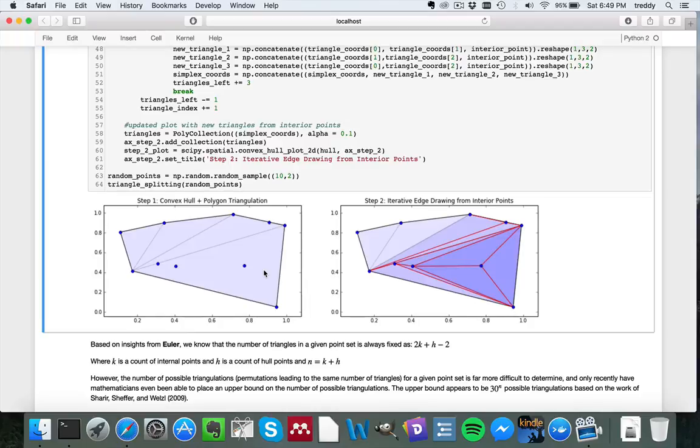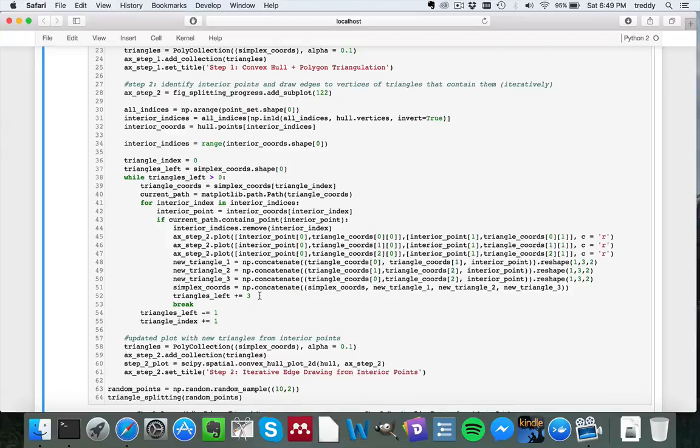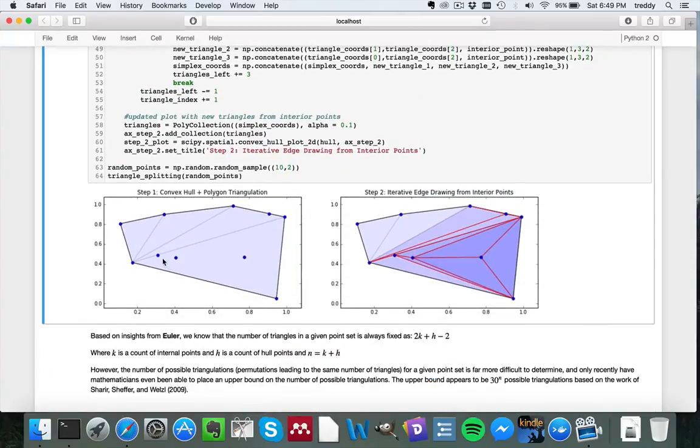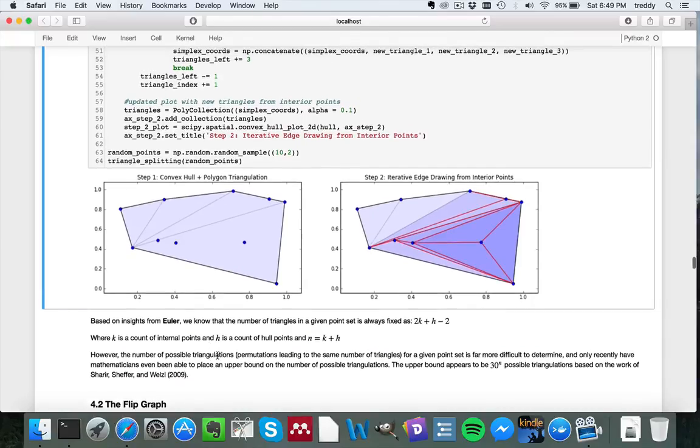You can also imagine that there are quite a few different possible triangulations, because this code just goes through the points in input order, but you could easily choose this point first, and then this point, and then this point when doing the iterative triangulations, and that would produce unique triangulation structures.